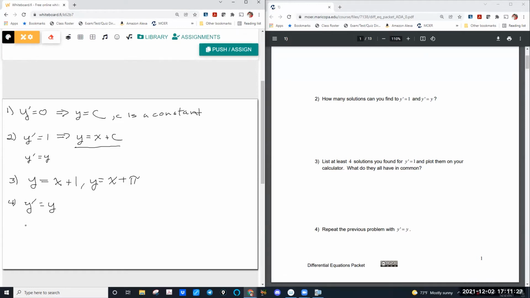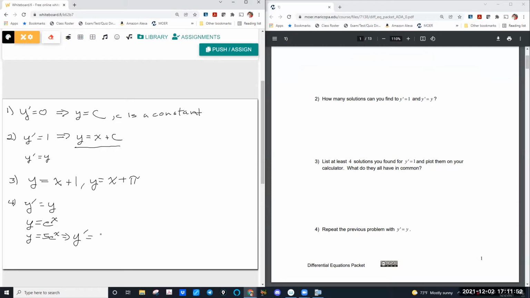Very nice. You actually gave the general solution there, Knight, which is great. One example, our most basic example, would be y equals e to the x. But it turns out any constant times e to the x is its own derivative.